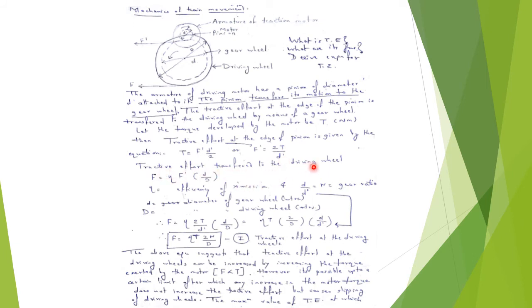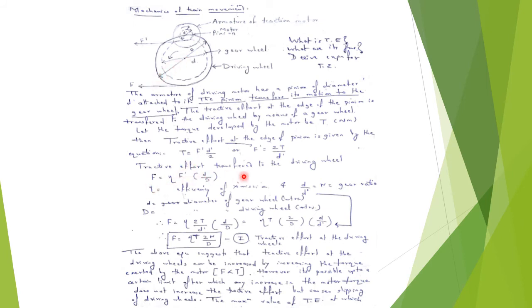The tractive effort transferred to the driving wheel is eta into F dash into small d by capital D, where small d is the diameter of the gear wheel in meters and capital D is the diameter of the driving wheel.